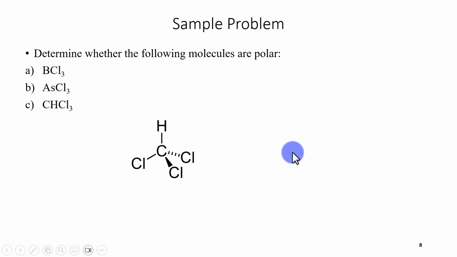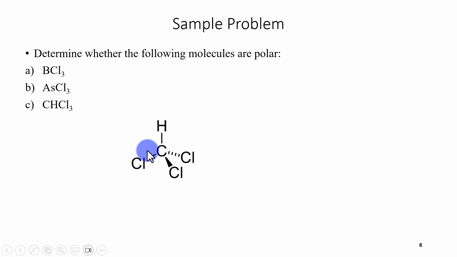What is my other change that I can make to make my molecule polar? Well, I can take one of the atoms that is bonded to the central atom and replace it with a different one. So you can see I have 3 chlorine atoms bonded to the carbon and 1 hydrogen atom.